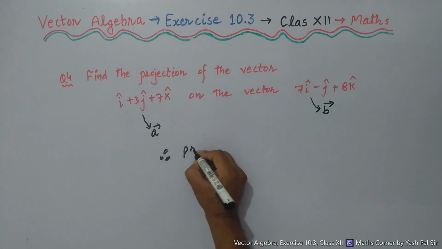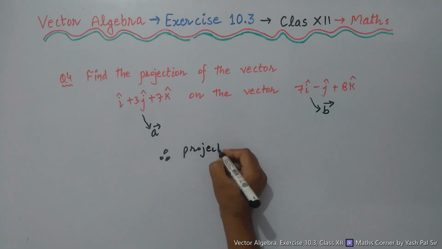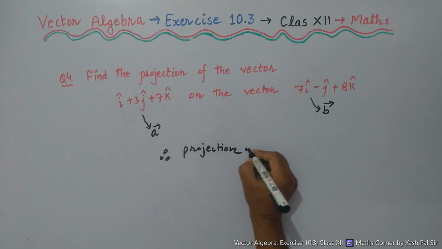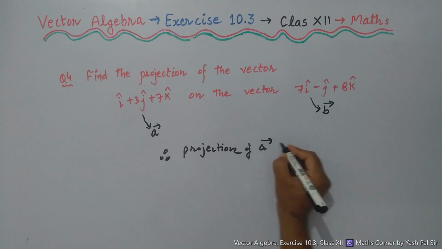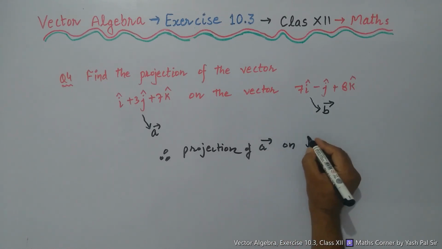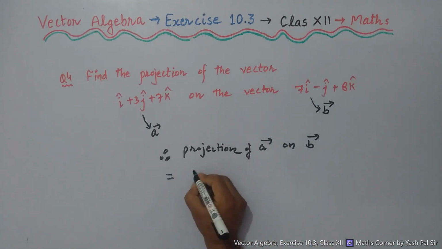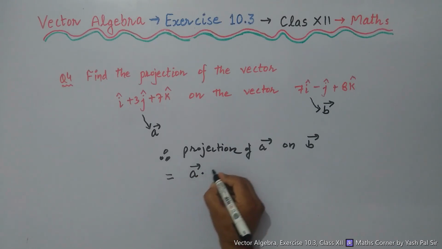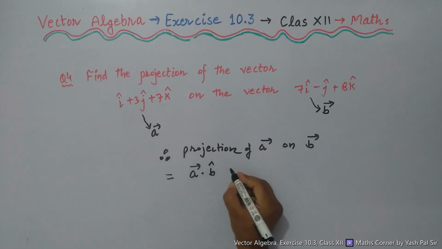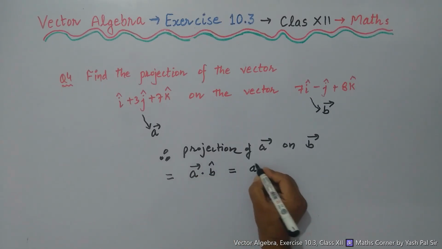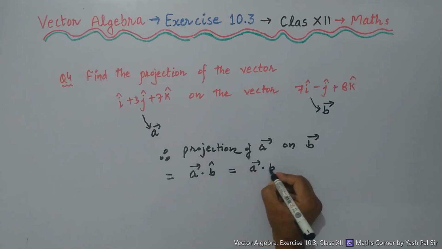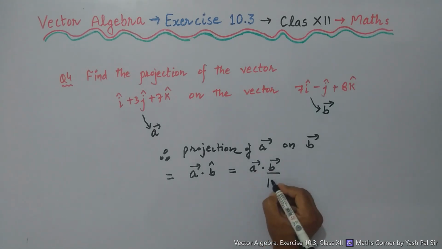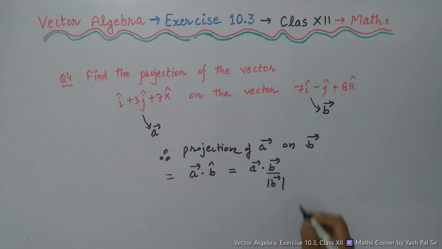The projection of vector A on vector B is equal to vector A dot unit vector B, which is equal to vector A dot vector B divided by the magnitude of vector B.